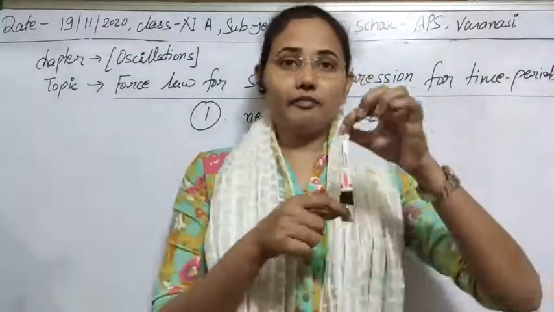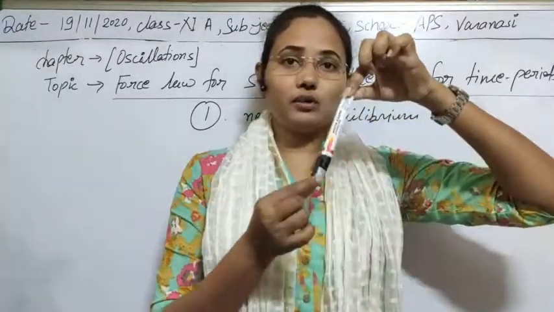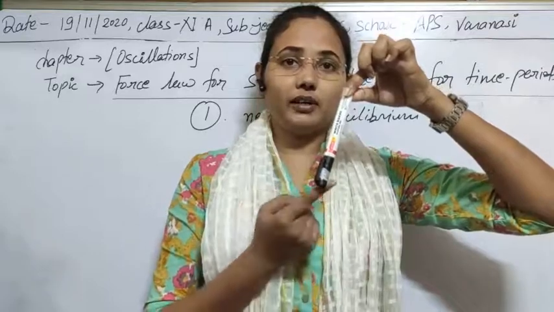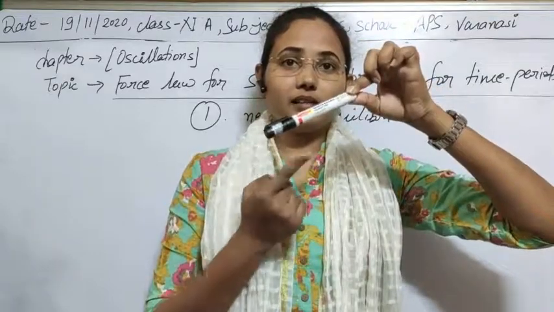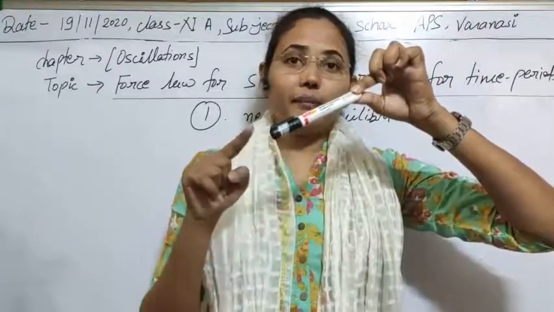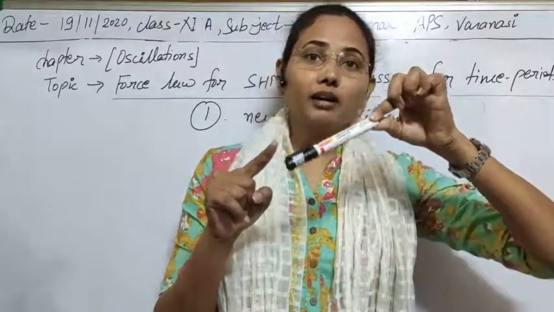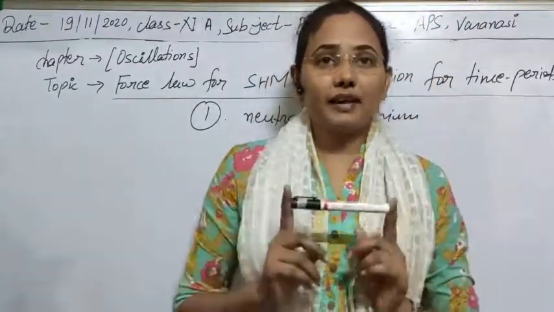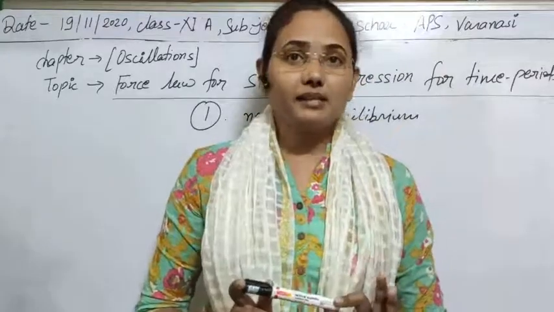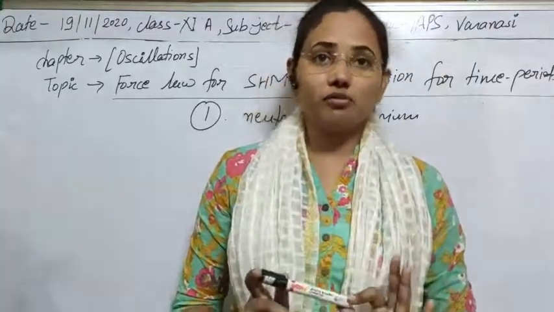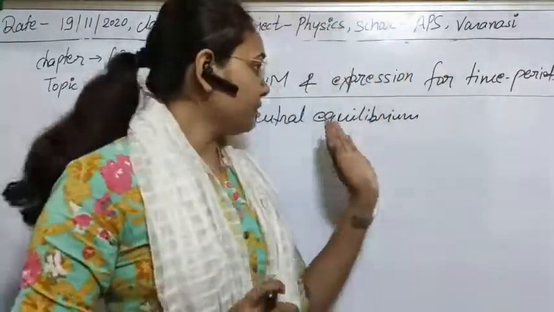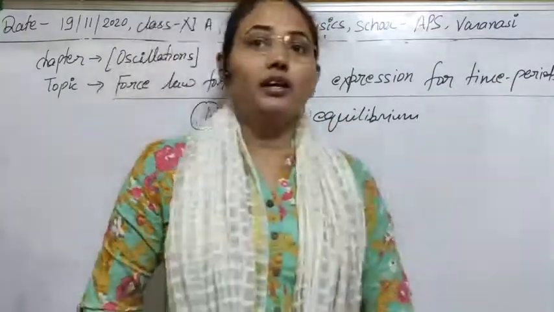It means that if we displace this body to this point, it will be in equilibrium. If we displace it to this point, it will be in equilibrium. At every point it will be in equilibrium, and the forces acting on it are totally balanced, and that's why no oscillations will be there in this condition. Such a type of equilibrium is known as neutral equilibrium.